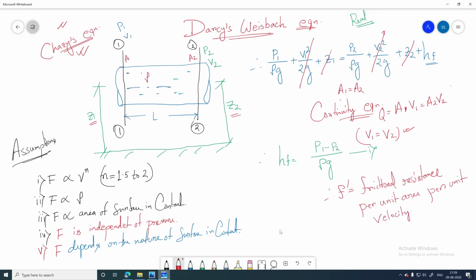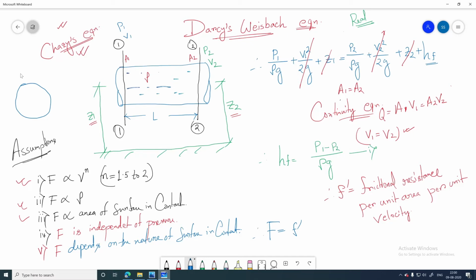Now, if you see the assumptions here, you can write the total resisting force, that means the value of F, as F equals F dash into, it is proportional to V to the power n, as well as proportional to rho, as well as proportional to the area of surface in contact. So what is the area of surface in contact? The pipe is a circular pipe, so what will be the perimeter?